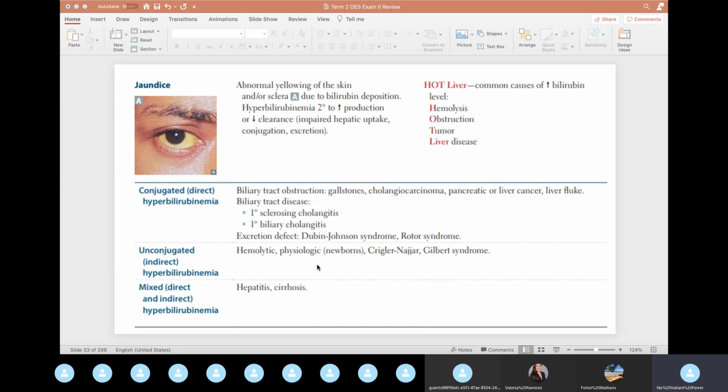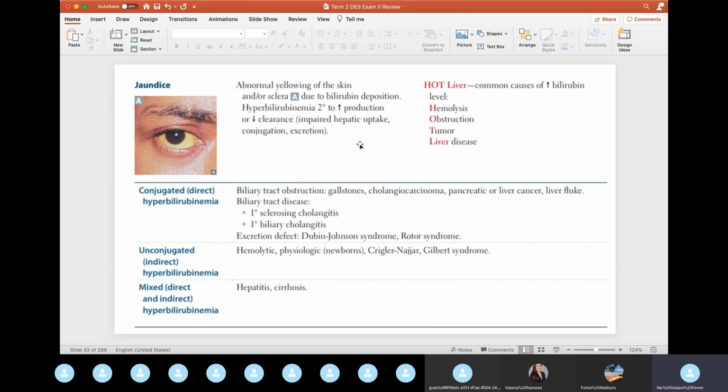What if it's mixed? You have both an increase in conjugated or direct bilirubin and unconjugated indirect bilirubin. Then it can either be hepatitis or cirrhosis. Okay? So put a star here. This is high yield. Know the difference between conjugated or direct bilirubin and unconjugated indirect bilirubin.